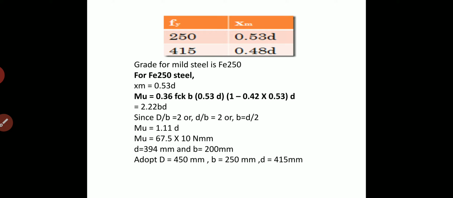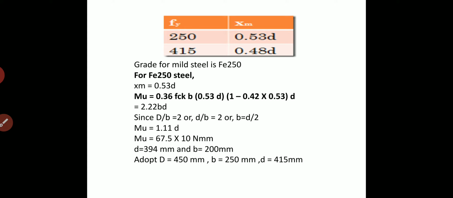So we get Mu equal to 1.1 D, and Mu equal to 67.5 into 10 to the power 6 Newton mm. This is the second portion. So D equal to 394 mm and B equal to 200 mm.